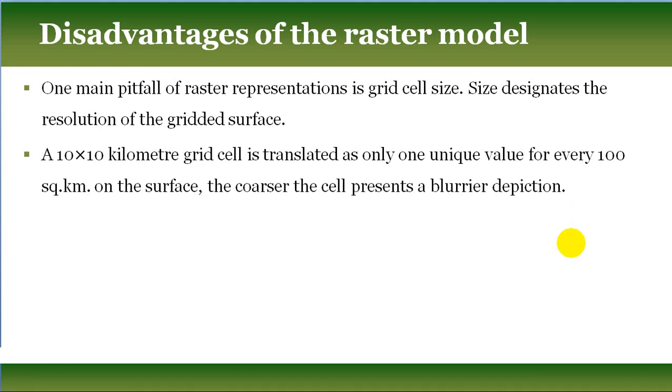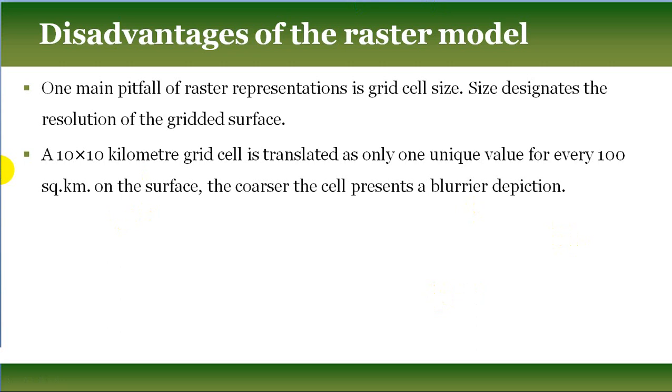A 10 by 10 kilometer grid cell size is translated as only one unique value for every 100 square kilometers of the surface. So if you have a raster where pixel or grid size is 10 kilometer by 10 kilometer, that means one grid cell will represent 100 square kilometer area, and only one unique value.